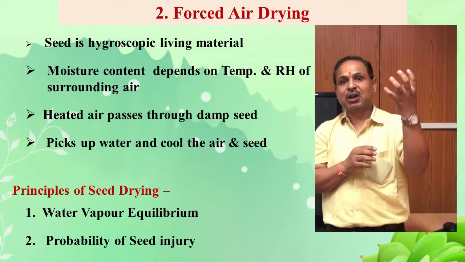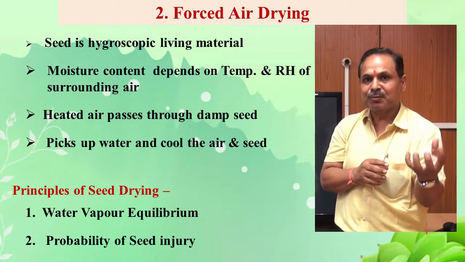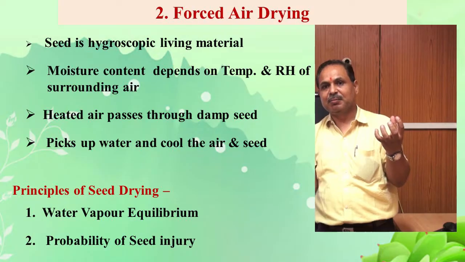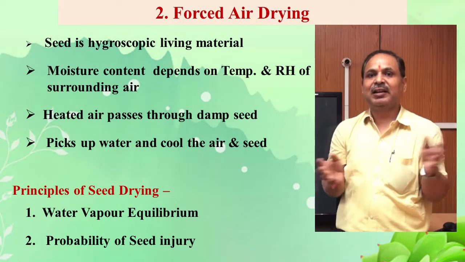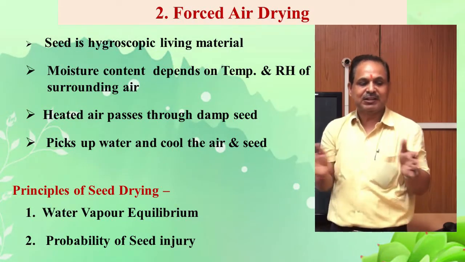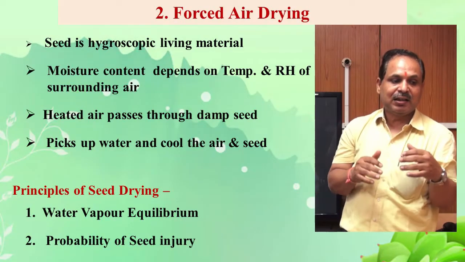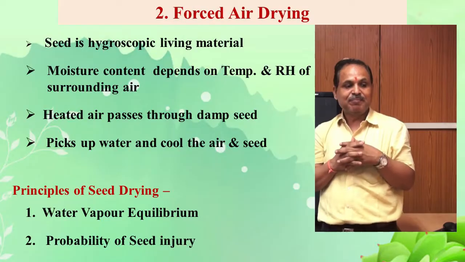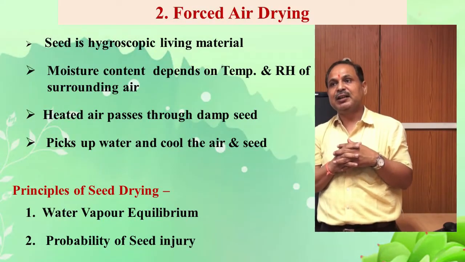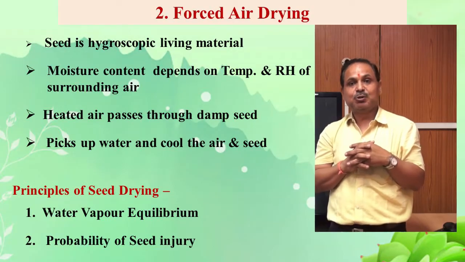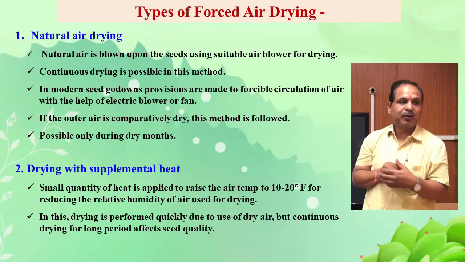Otherwise, if the surrounding air has much more vapor pressure than inside the seeds, then there is no chance of movement of moisture. So it is very much required that the equilibrium should be there, and the probability of seed injury must be considered in these methods. We must consider the types of forced air drying.